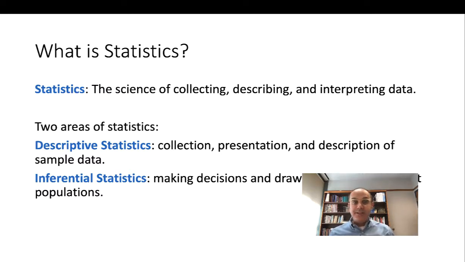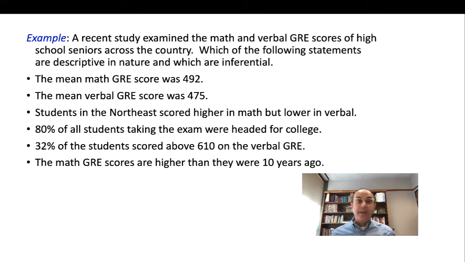There are 2 areas of statistics: descriptive statistics, which is the idea of collecting, presenting, and describing the data, and inferential statistics, which is taking a sample out of the population and drawing conclusions about the entire population. For example, we are heading towards an election next year, and so we're going to hear about inferential statistics and what the sample says about the popularity of one candidate versus the other.